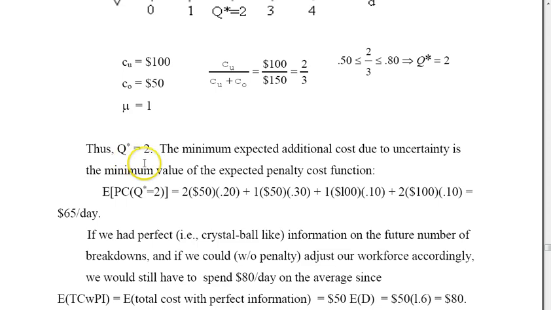Now, Q star gives my minimum expected additional cost. So that's the additional cost due to uncertainty. Sorry, let's go back. The minimum expected additional cost, so this is the penalty cost. The minimum expected additional cost due to uncertainty is the minimum value of the expected penalty function.